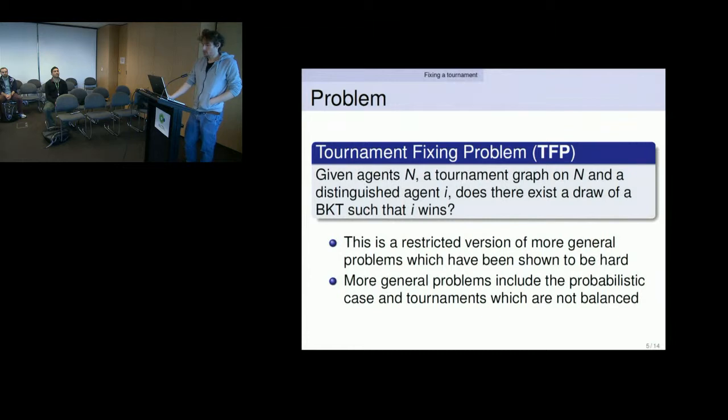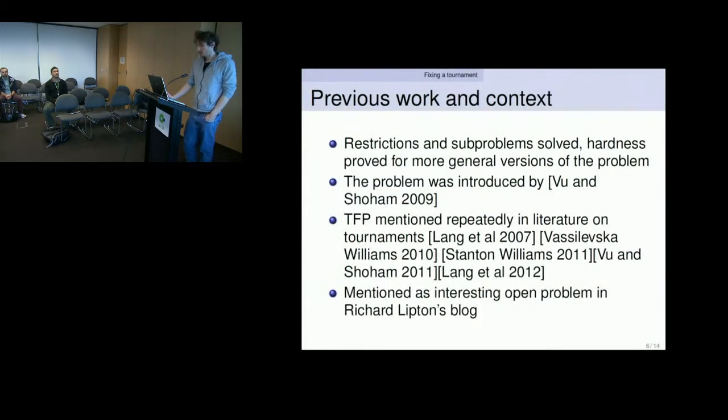Or you can think about tournaments where it's not a binary tree, but some other tree structure. Many restrictions and subproblems have been solved, and hardness has been proved for more general versions of the problem.